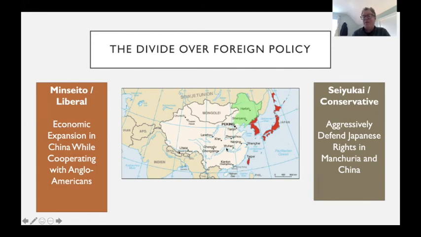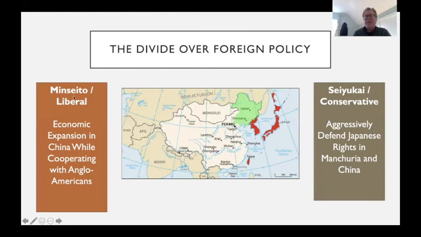There's also worry about growing nationalism in China and the way boycotts and protests are challenging Japan's economic interests in China. So the Seiyukai believes that what Japan needs to do is make sure that its army located along the South Manchurian Railway can aggressively pursue Japan's interests in this part of China and make sure that Japan's interests are served, even with the use of military force.